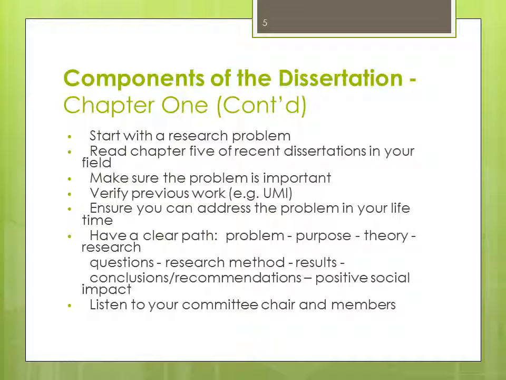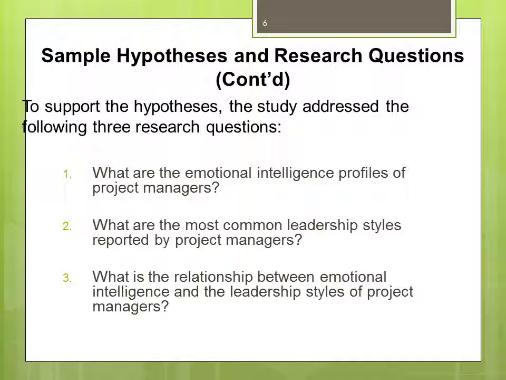I would like to mention one specific method of identifying your research, or picking your research topic, from the book Research Methods for Business Students, written by Saunders and Lewis.